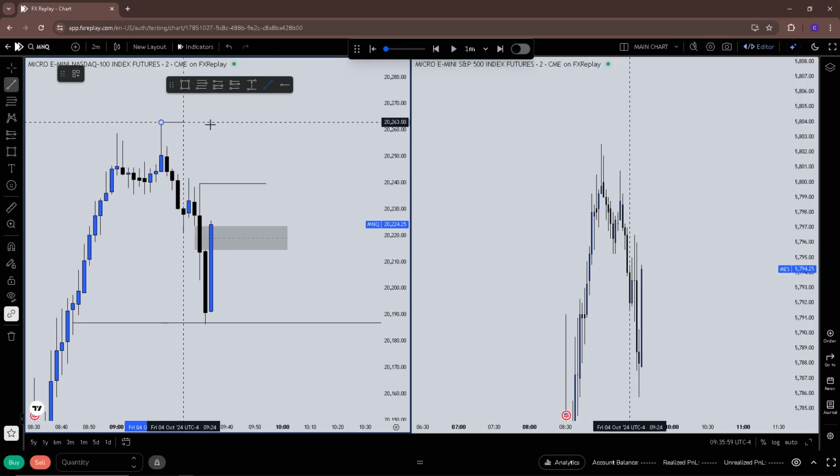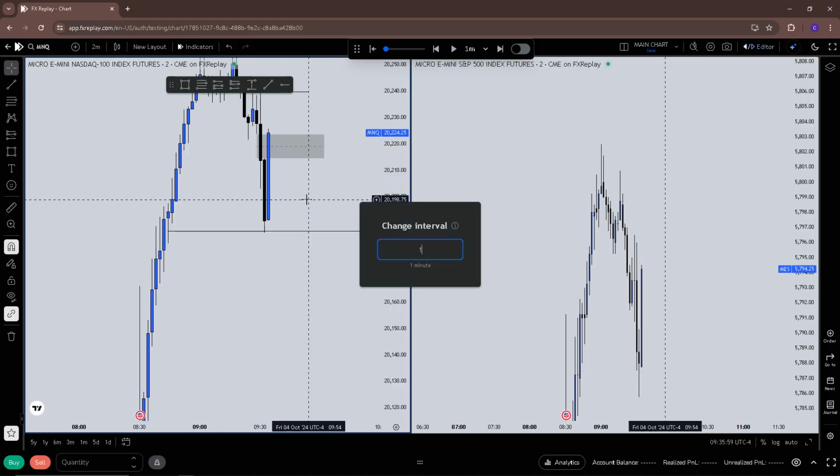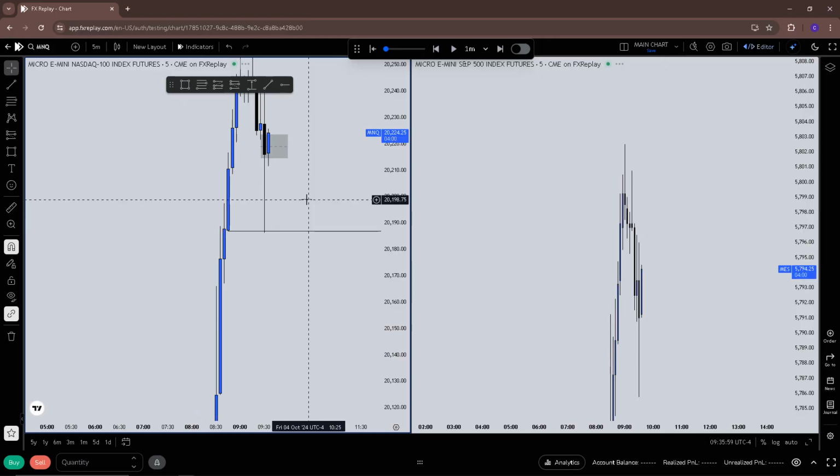Break even at this internal high. It's kind of just hard to fade this displacement.